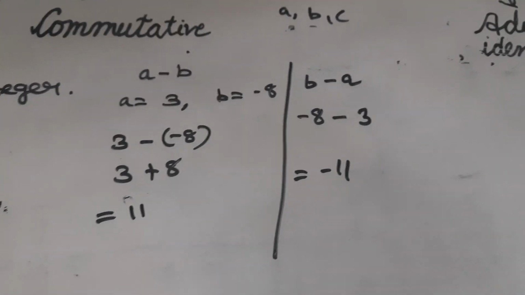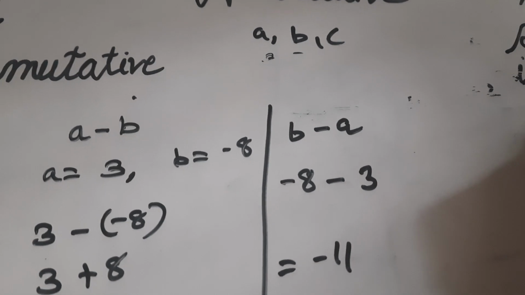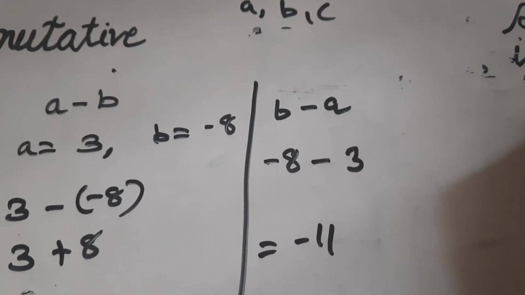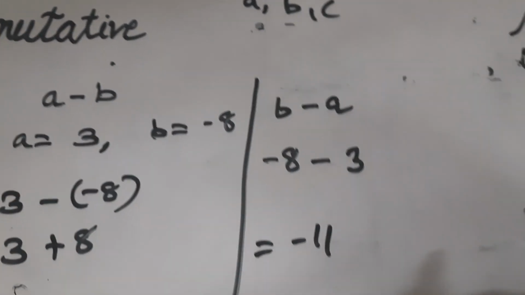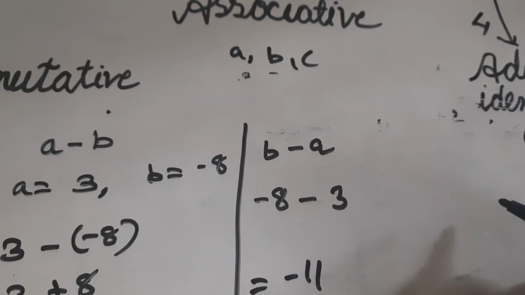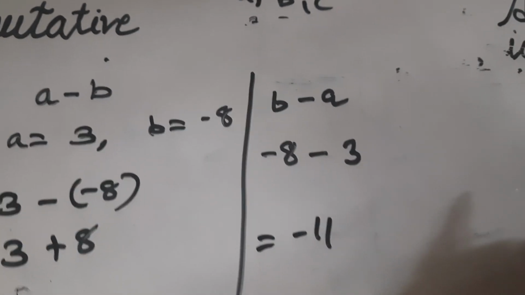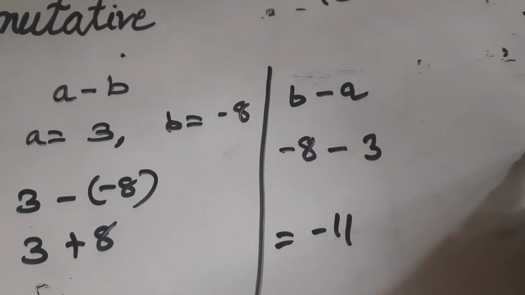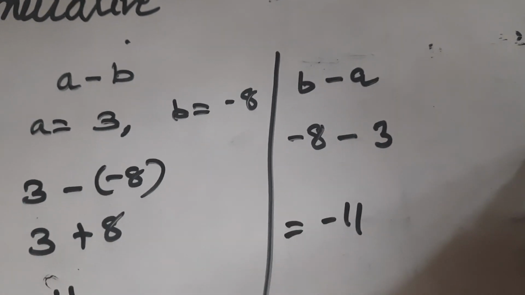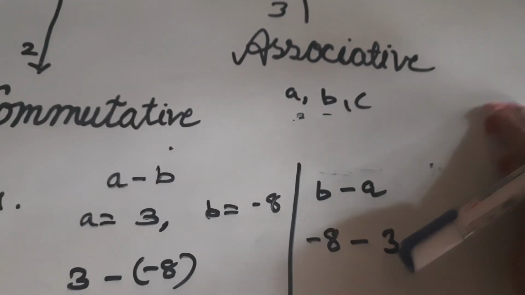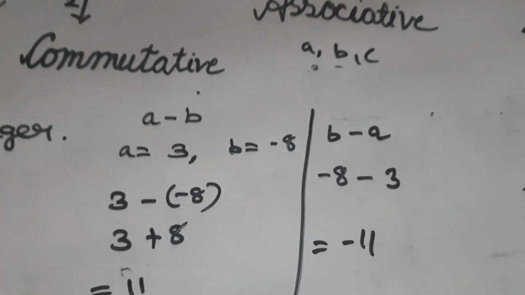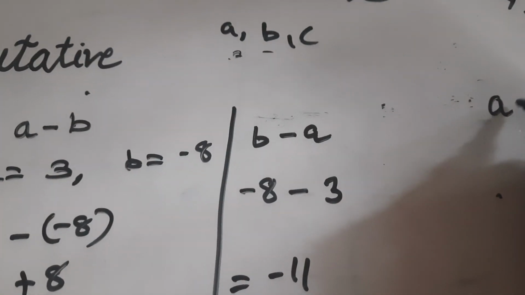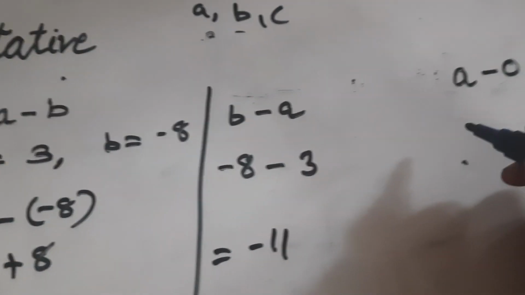Then comes additive identity for subtraction. So additive identity for subtraction is 0. 0 is the right identity for subtraction. Suppose you subtract 0 from any number, a minus 0, a is any integer.